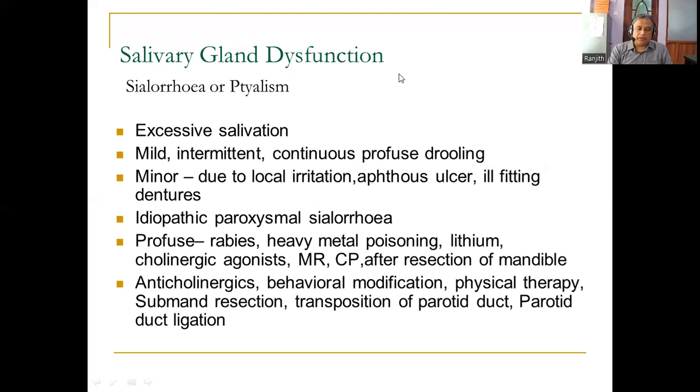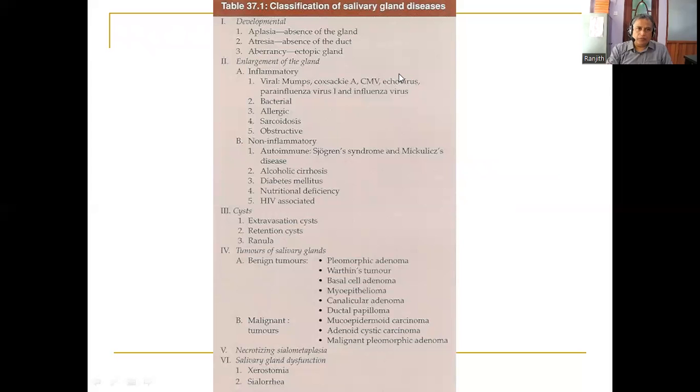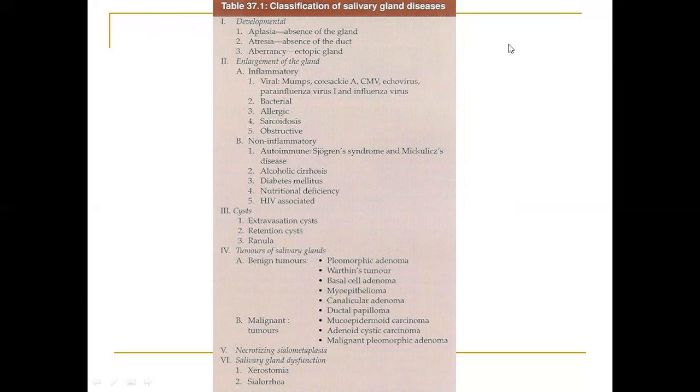Now, on this particular screen, I showed all the diseases that can affect salivary glands in the human body. If you see the top part, it is made up of the congenital diseases that affect salivary glands.